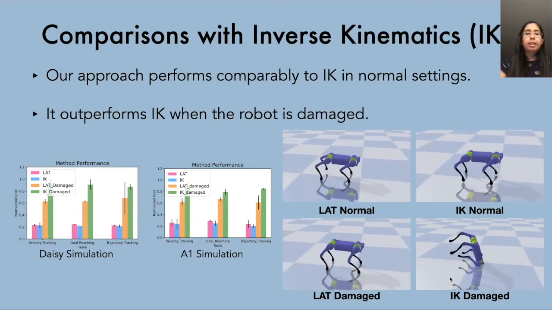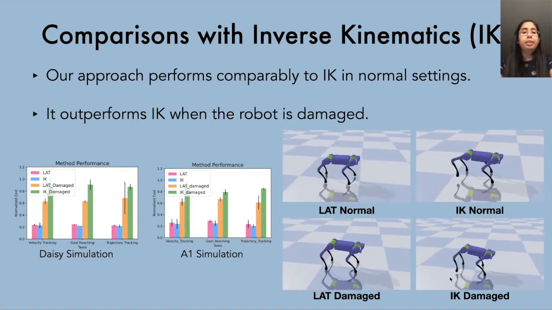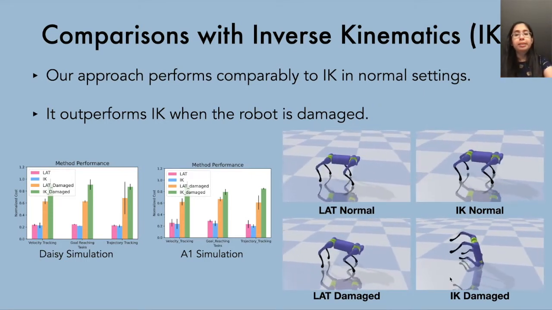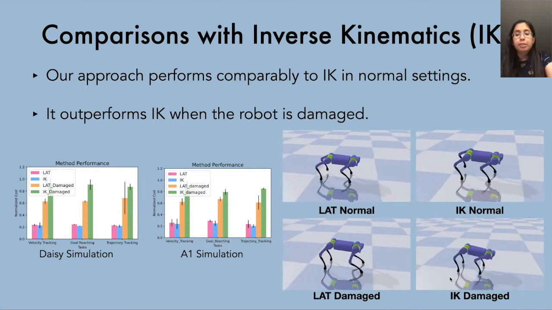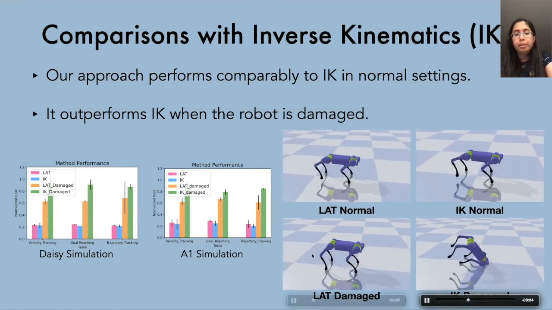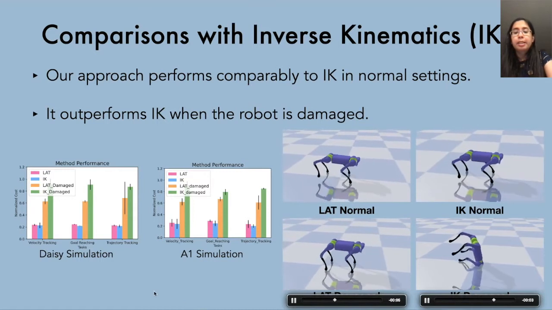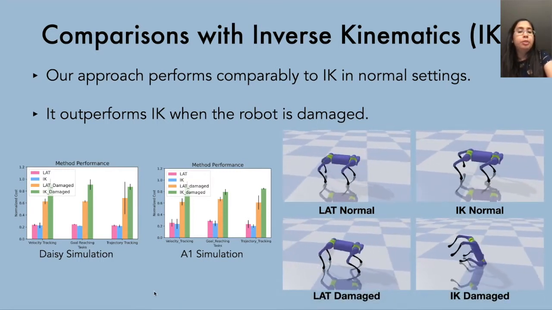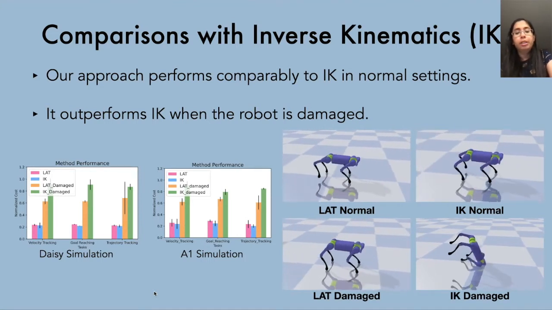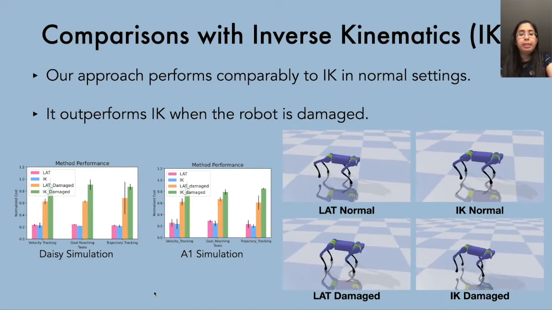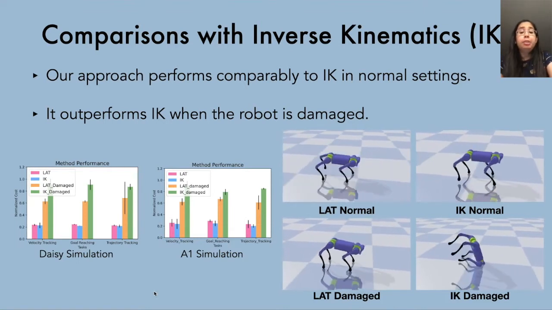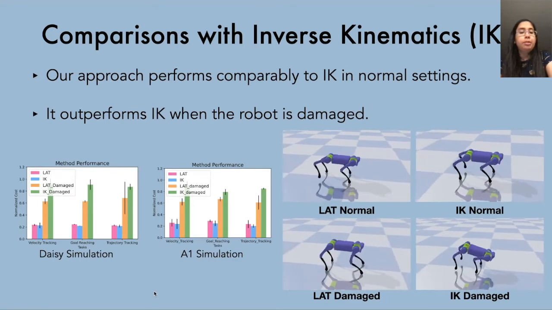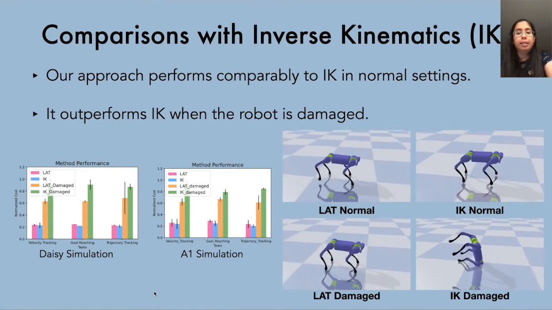However, because inverse kinematics is making assumptions about the kinematic knowledge of the robot, its performance deteriorates when this kinematic assumption is violated. So for example, in the bottom here, we disable the back two legs of the robot, and inverse kinematics is unable to balance the robot anymore and falls over, while our approach is still able to find a latent representation Z, which is able to achieve a lot of these different tasks.